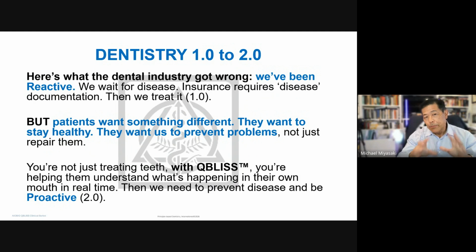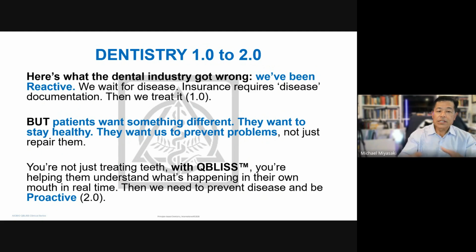But I think today patients want something different. They'd rather stay healthy and not get into a disease state that then has to be treated. And in order to do this, we have to prevent the problems before they occur. So the QBLISS, I think, helps us to identify those areas where disease is most likely to occur, and then really helps us quickly communicate this to our patients so they understand what it is that we're looking at and what it is that we need to treat.